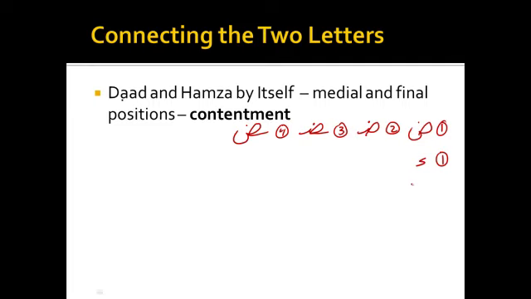Okay, so we're going to write the Arabic word for contentment, rida. Rida. Okay, so we hear a ra at the beginning. You hear the ra in the rida. So we're going to write ra. That's our first letter. And we hear the kasra, ri, ri. So we're going to write a kasra next. Ri, rida. You hear the da sound. That da sound is the Daad.